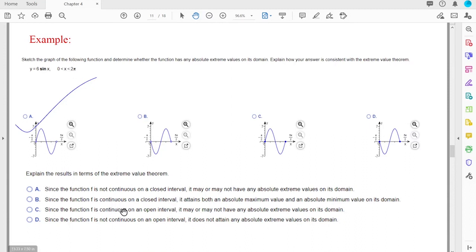Since the function is continuous on an open interval, it may or may not have absolute extreme values on its domain. This is the statement we can generalize from the extreme value theorem, but for this particular problem, we do have an absolute maximum and minimum value. But this is the only suitable statement we can pick from these four. Okay.